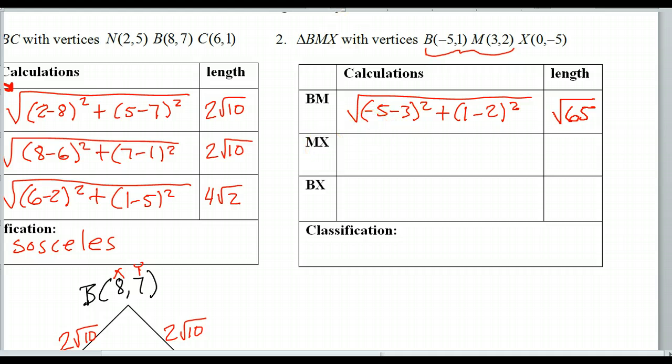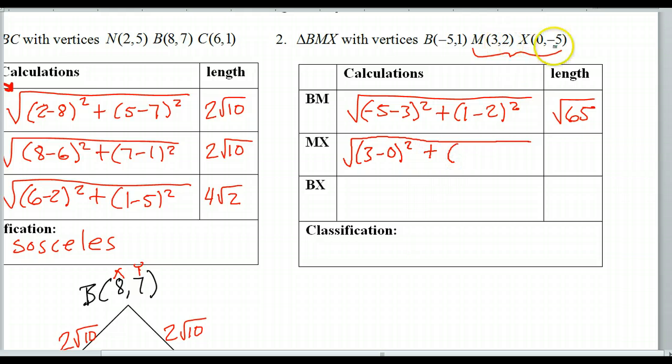Now, MX. So I'm dealing with these 2 points right here. So 3 comma 2 and 0 comma negative 5. So again, I'm going to do x minus x. So that's 3 minus 0 squared.